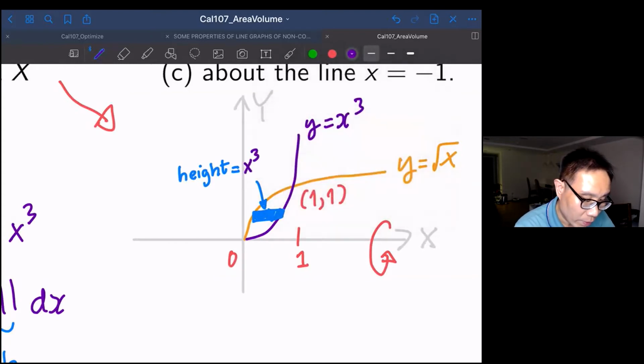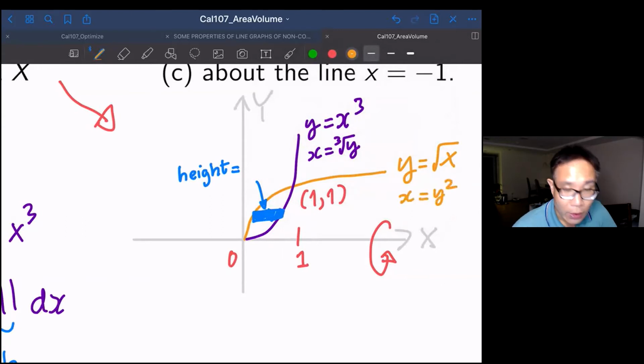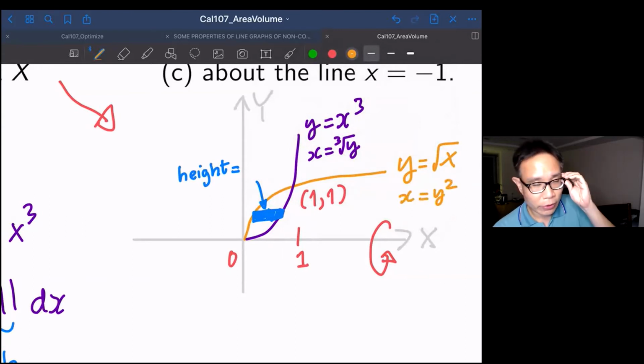However, you need to solve for x. So it's gonna be x equal to the cubic root of y, and for the other curve, you would have x equal to y squared.